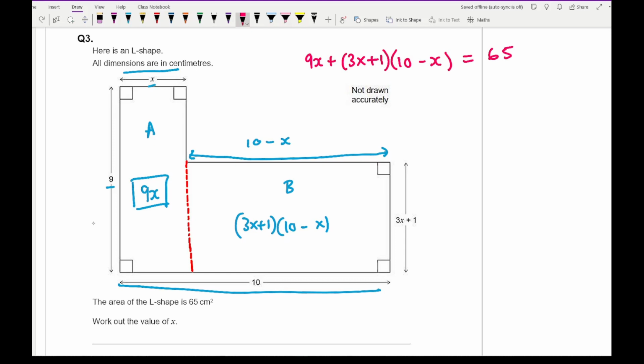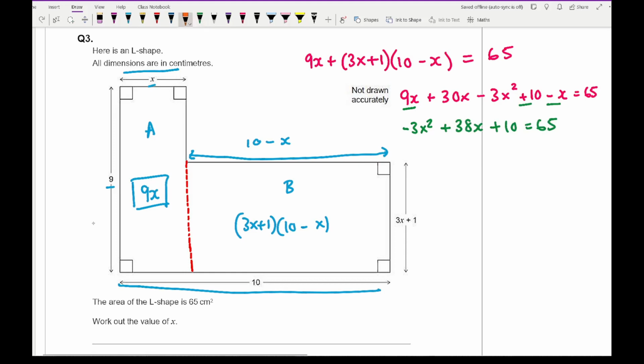So from this, if I expand the brackets out, I get 9x plus 30x minus 3x squared plus 10 minus x, and that all equals 65. So then neatening all of this up, I end up with minus 3x squared, then I've got plus 38x, and then I've got plus 10 equals 65.